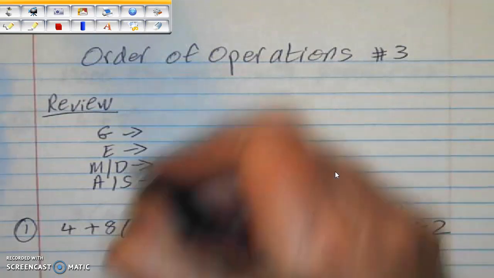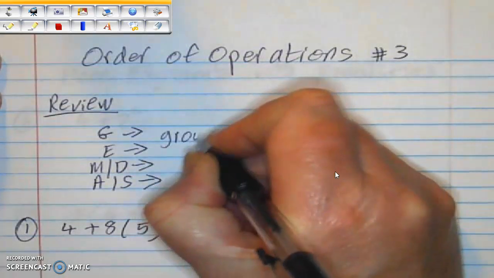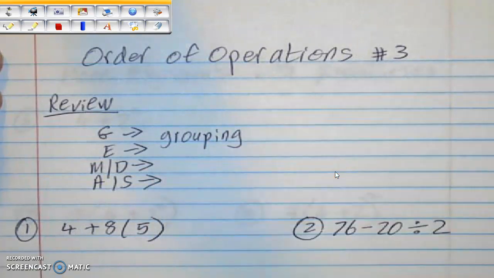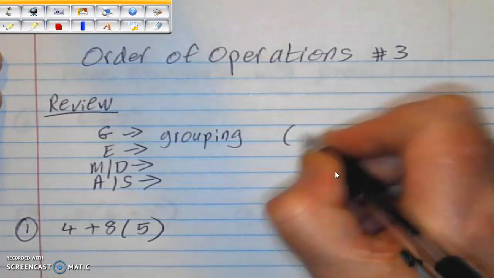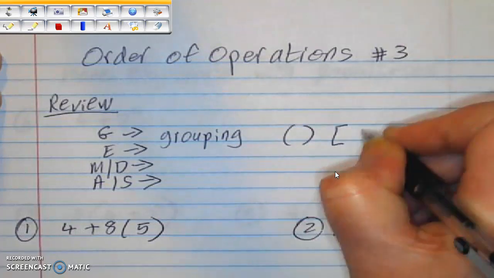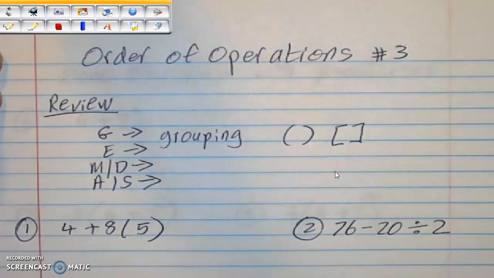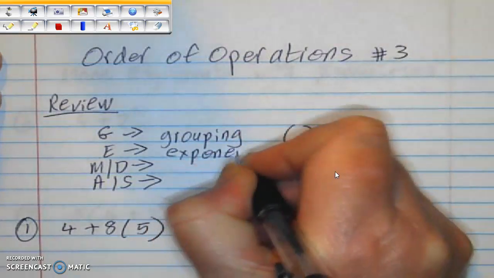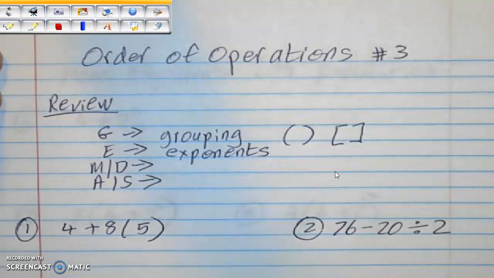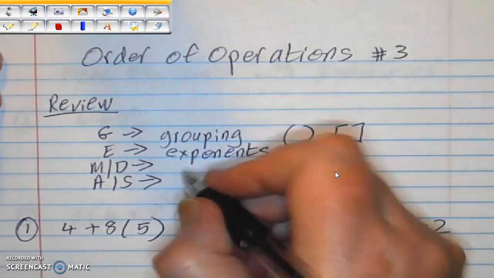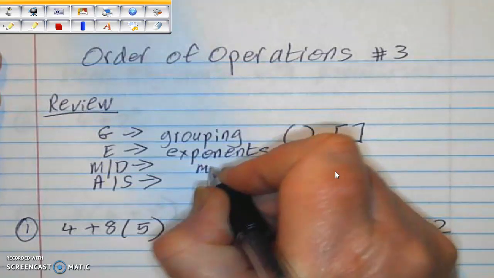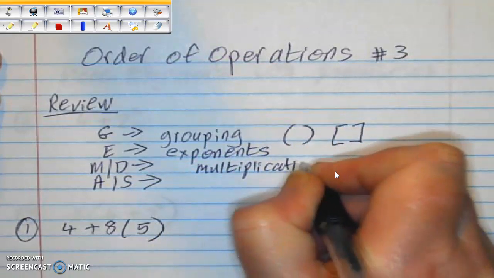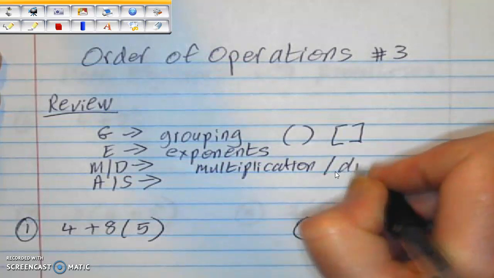Our review, GEMDAS. G is for grouping, which means parentheses or brackets. E is for exponents. M and D are for multiplication and division.